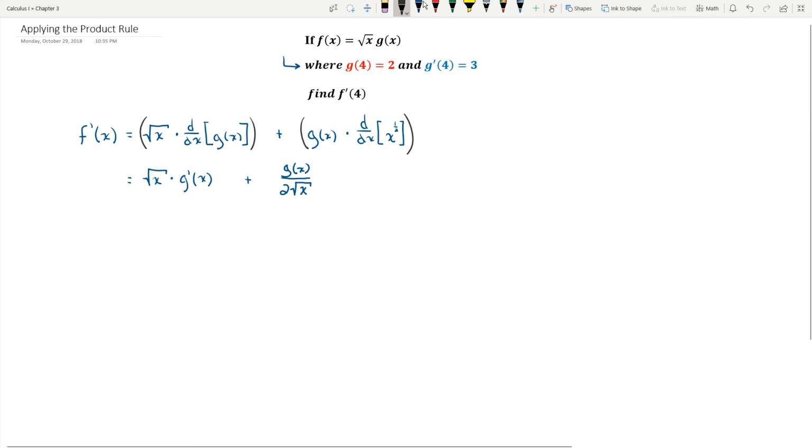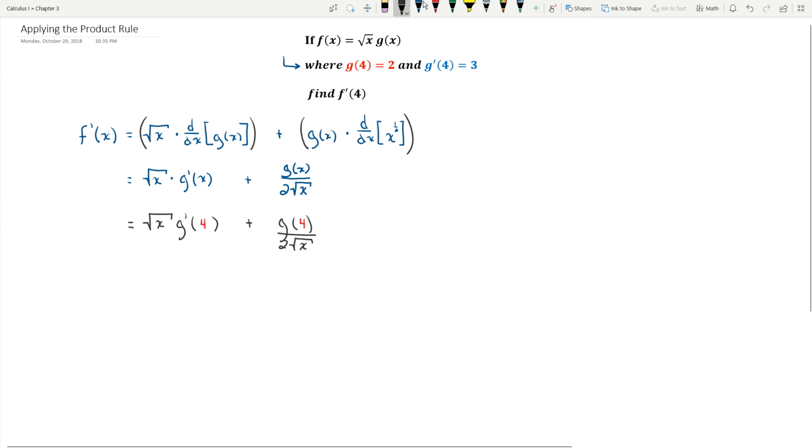So I'm going to start a new line here, and we will have the square root of x times g prime, and I'll leave that open, plus g, we'll go ahead and put 4 in here. So g prime of 4 plus g of 4, and we will divide that by 2 times the square root of x.